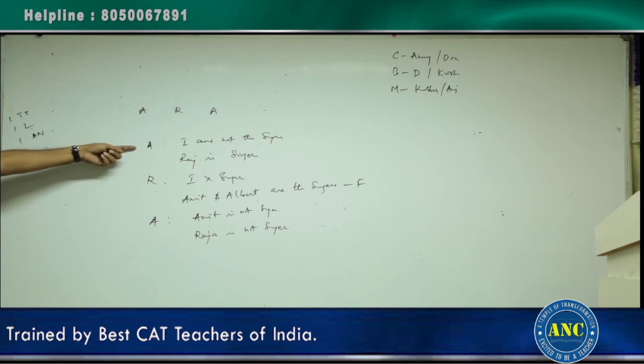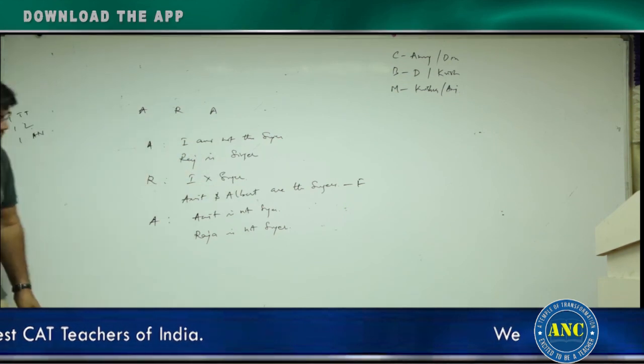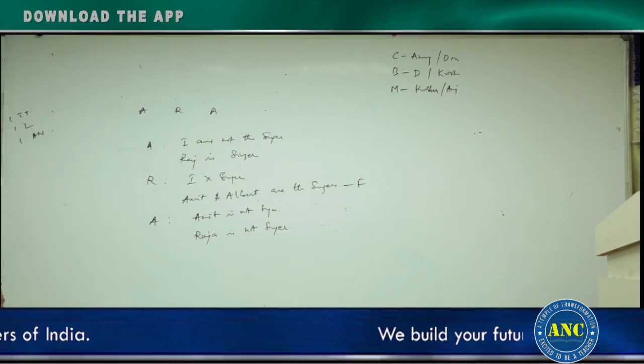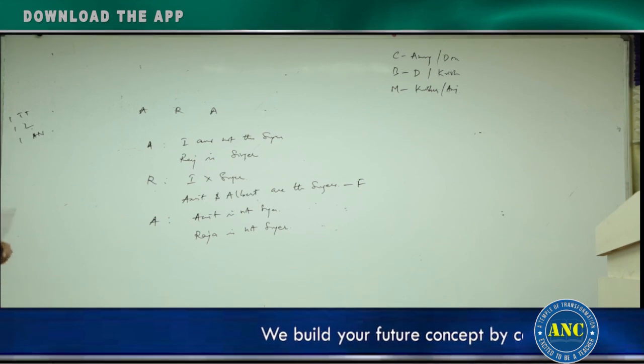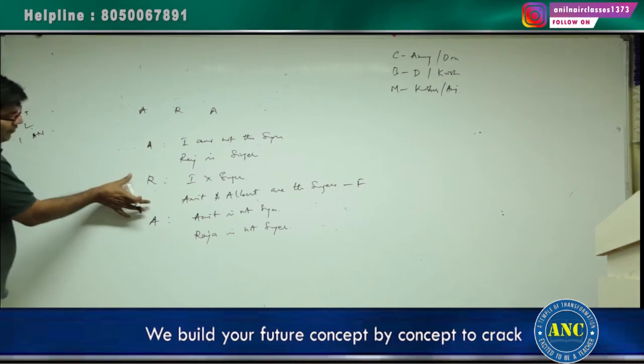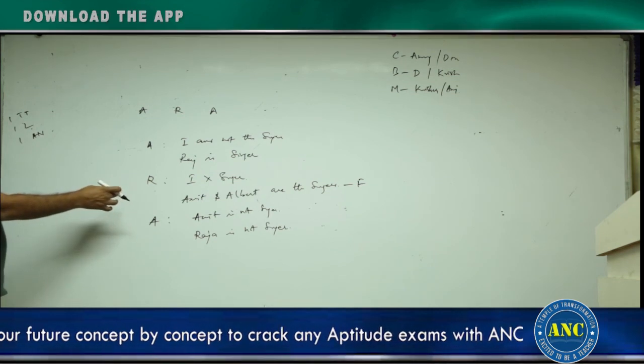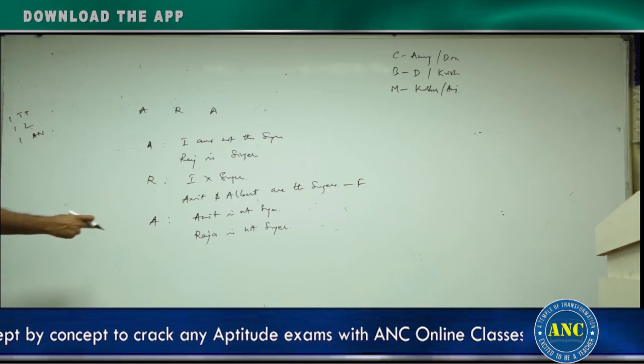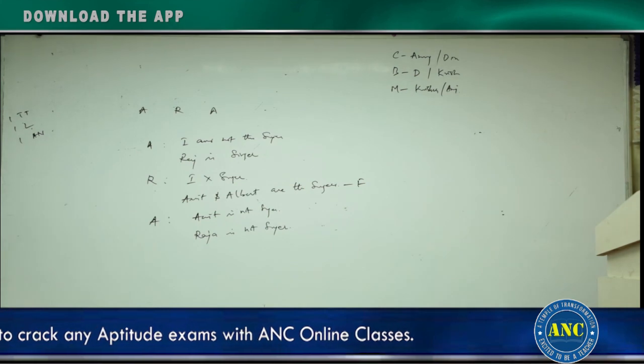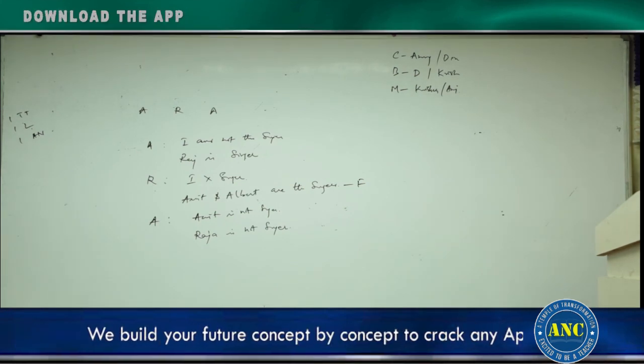So, Amit is saying, I am not the singer. Whatever assumption you want to take, obviously this guy will not be the truth teller. Either he has to be a liar or an alternator. So let's start from there.